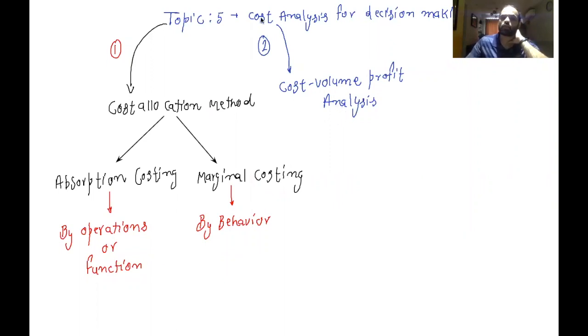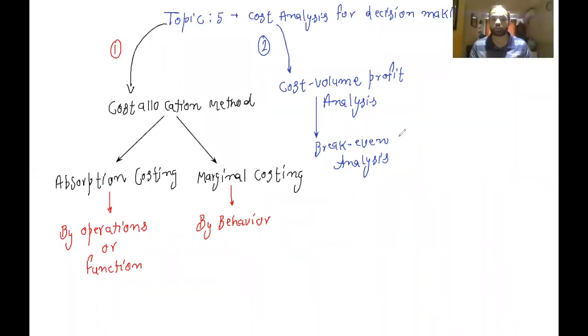Another name for cost volume profit analysis is break-even analysis. What is the meaning of break-even analysis? Break-even analysis is a situation where your sales equal the cost, which means no profit, no loss. That situation is called the break-even situation or break-even point.